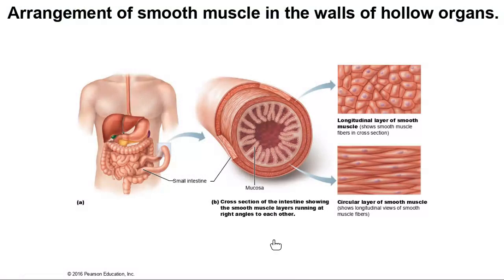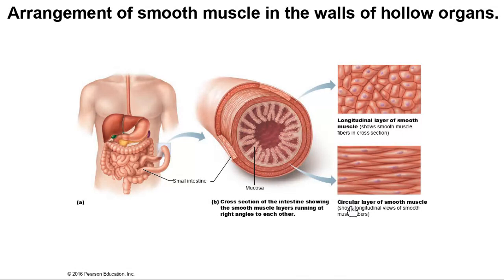Just a closer look here. This is showing a portion of the small intestines. The outer layer here is your longitudinal layer. Remember, when the longitudinal layer contracts, it causes a shortening of the muscle along the whole organ.